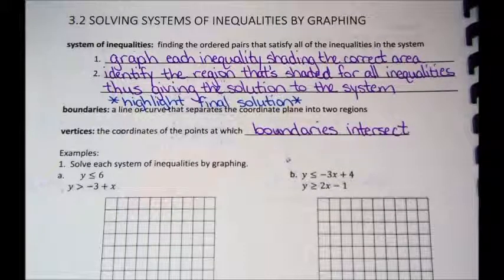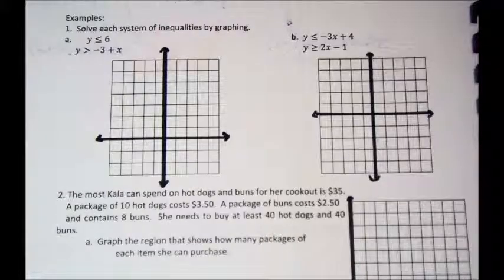The different lines that we graph, whether they be dashed or solid, are called boundaries, and the places where those lines cross are called vertices. You need to be able to identify the vertices of each of your systems of inequalities. The first problem has two inequalities in this system.